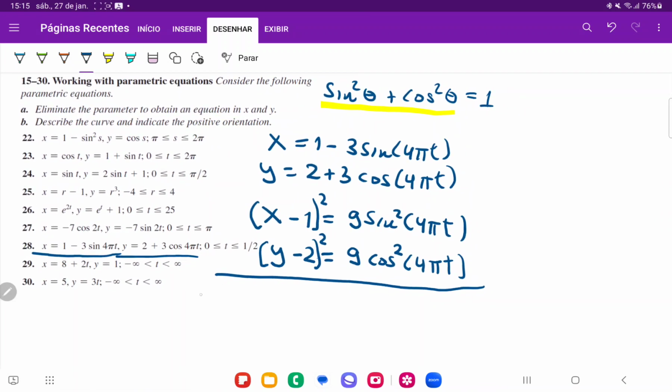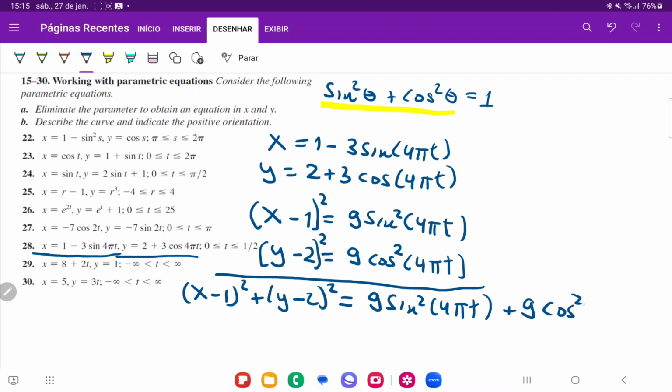So adding the left-hand side, I get x minus 1 squared plus y minus 2 squared is equal to, now I add the right-hand side. So that's going to be 9 sine squared of 4 pi t plus 9 cosine squared of 4 pi t. And lastly, what I'm going to do here is factor out the 9.